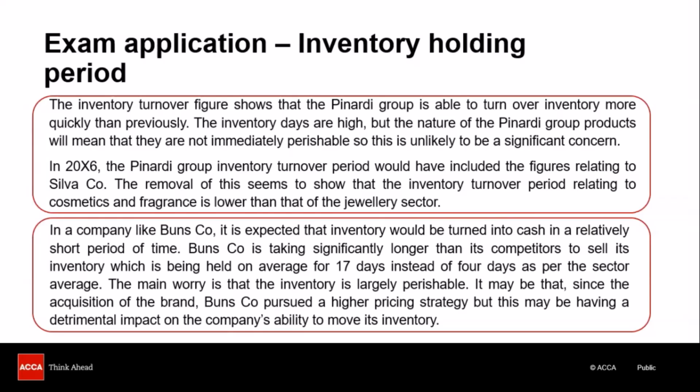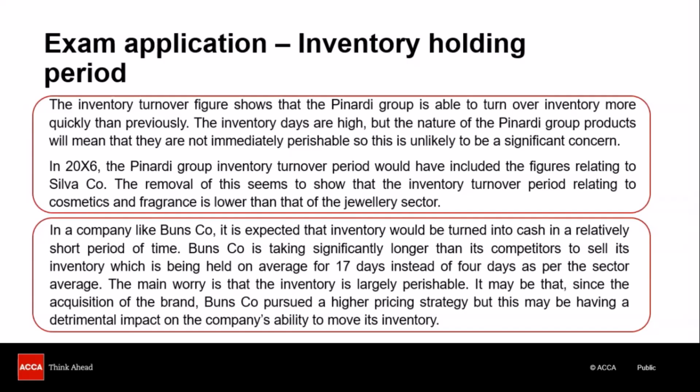So over here, they are saying that the inventory turnover is now quicker than previously. Now, we don't know whether it was 70 days previously, now it is 65, and the industry is doing it in 30 days. So it is quicker than before, but we don't have the complete detail.